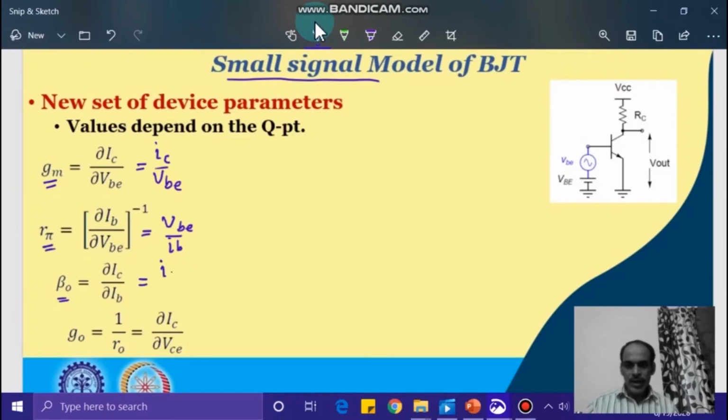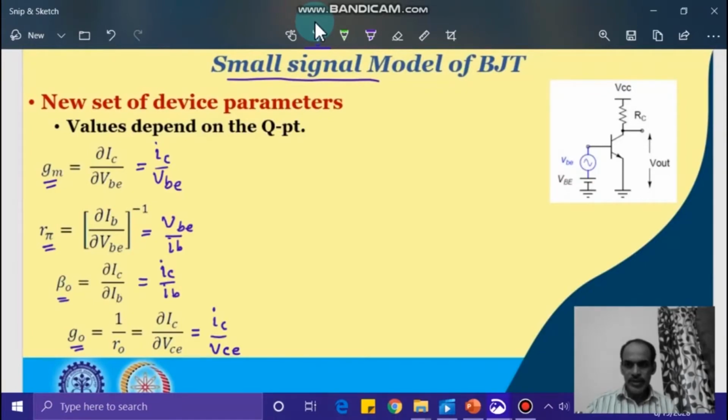Then the small signal current gain, which is defined by I_C divided by I_B. And then the output conductance, which is 1 by R_O, the output resistance, defined by the small signal I_C divided by the small signal V_CE.